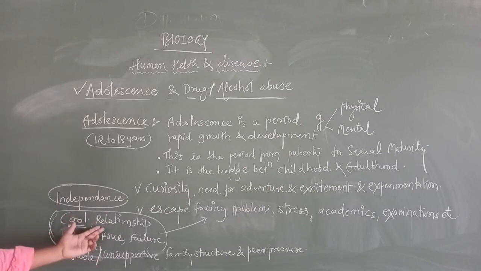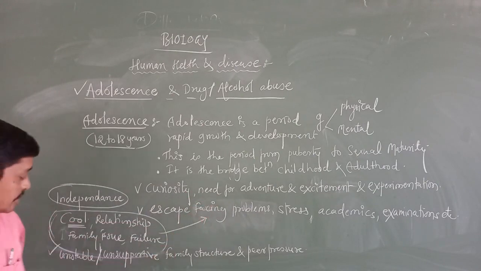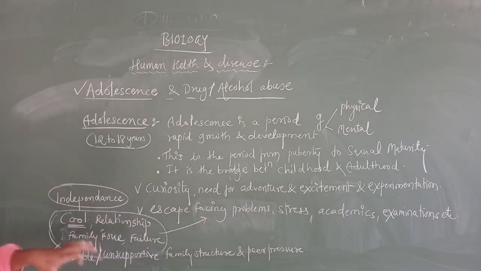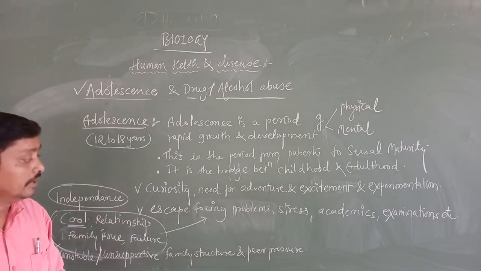Next I told you about relationships, family issues, failure, then unstable and unsupportive family structure and peer pressure.